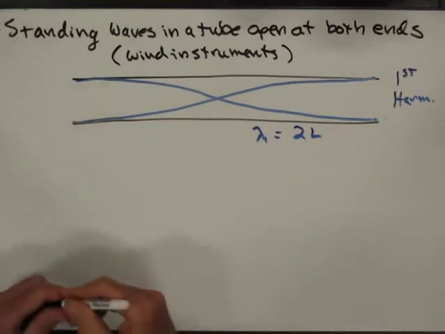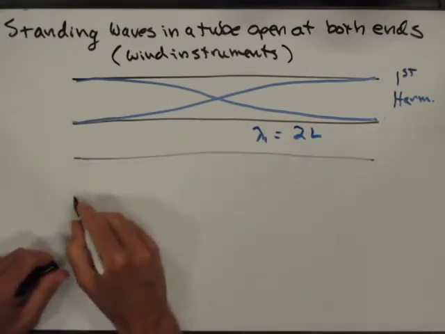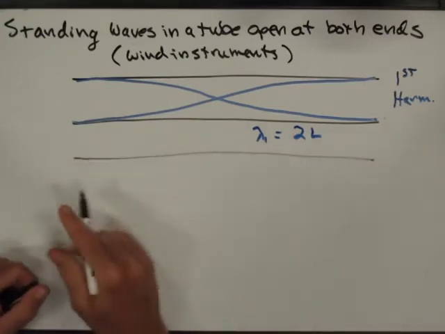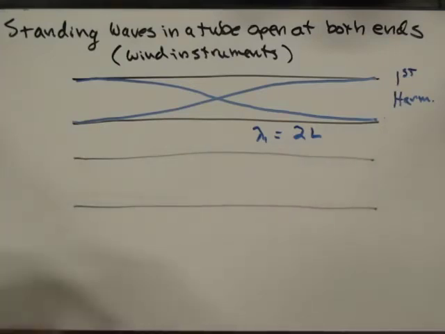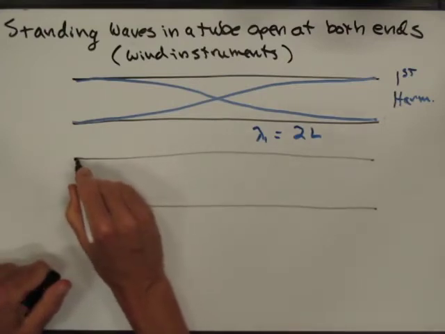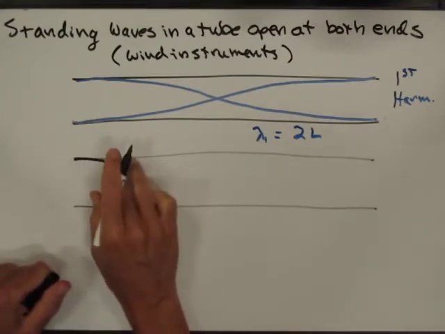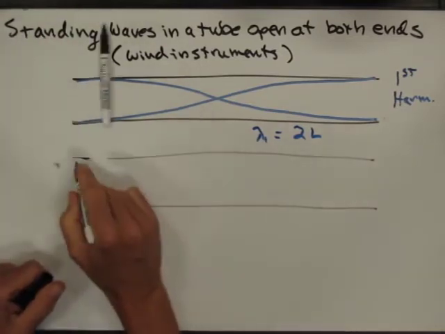And so then we can draw the second harmonic, which also plays on this tube, right? A little bigger than that, right? And this guy looks like this. Oh, I'm going to use a blue. Looks like this.